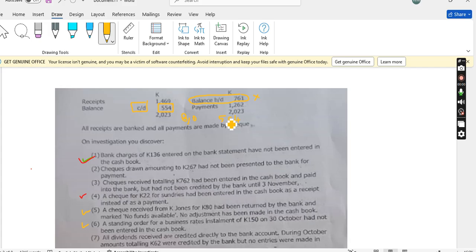Are we all clear on that? The worst case is when you see CD 544 and you put 544 again on the same side; you will make an error. The balance brought down is opposite to where the balance carried down is. Any questions, colleagues, before I move further?